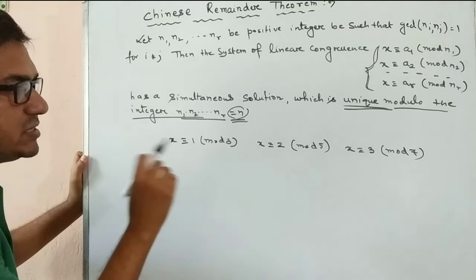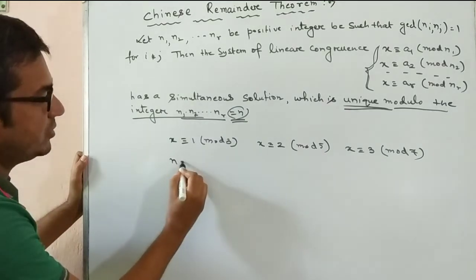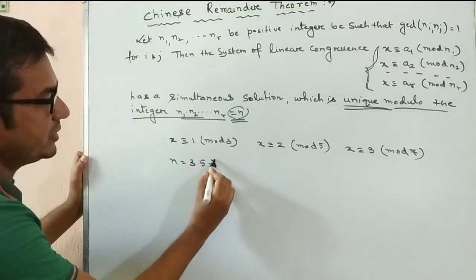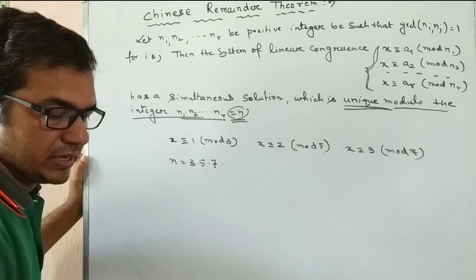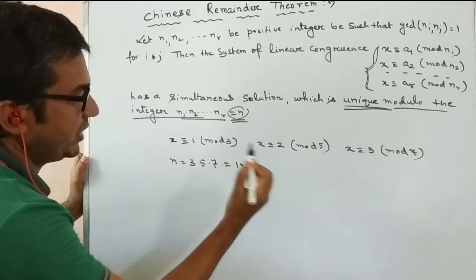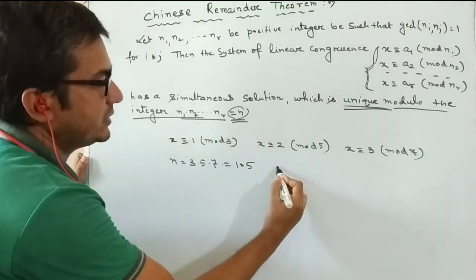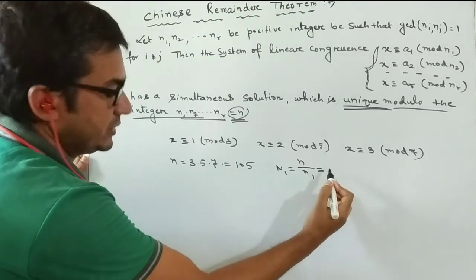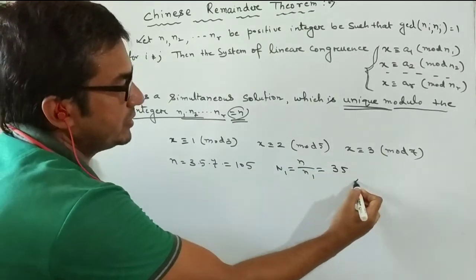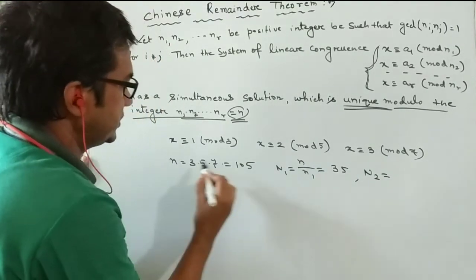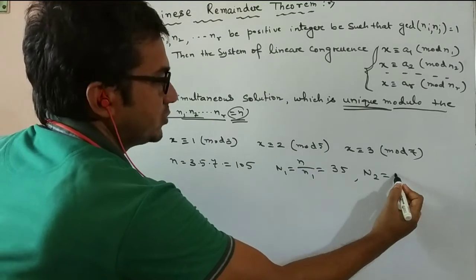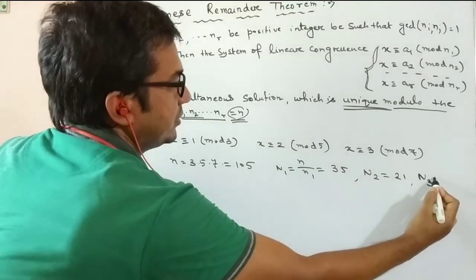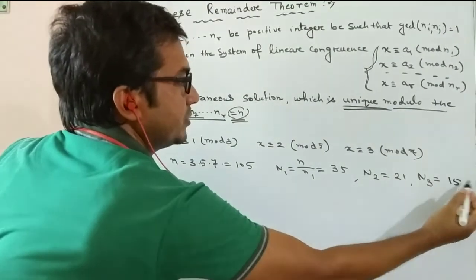Using the Chinese remainder theorem, here n equals 3 into 5 into 7, that is 105, and N_1 equals n by n_1, that is 35, N_2 similarly 21, and N_3 is 15.